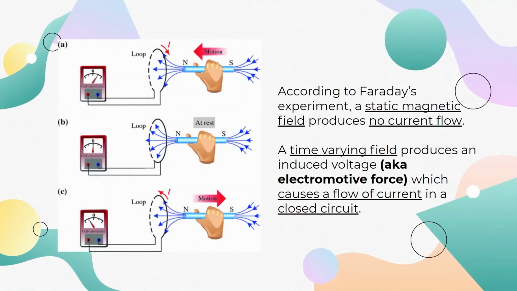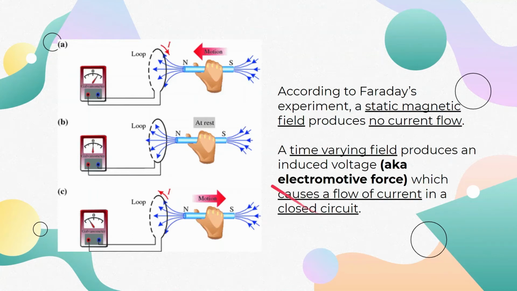This is because, according to Faraday's experiment, a static magnetic field produces no current flow. However, a time-varying field produces an induced voltage, also known as an electromotive force (EMF), which causes a flow of current in a closed circuit.